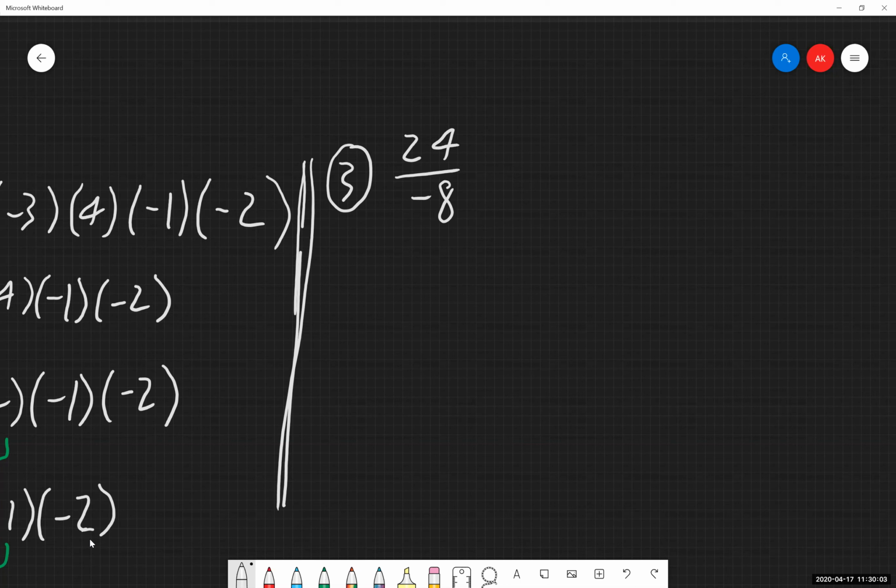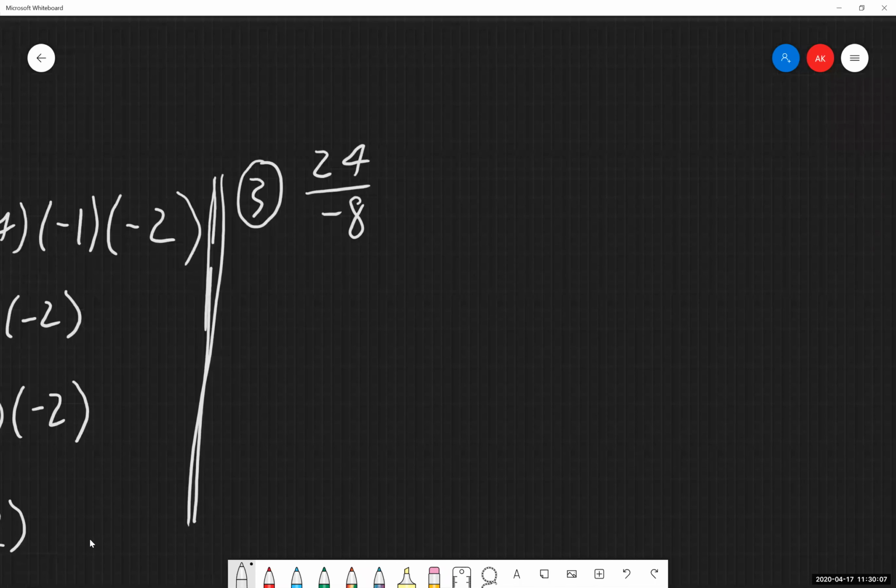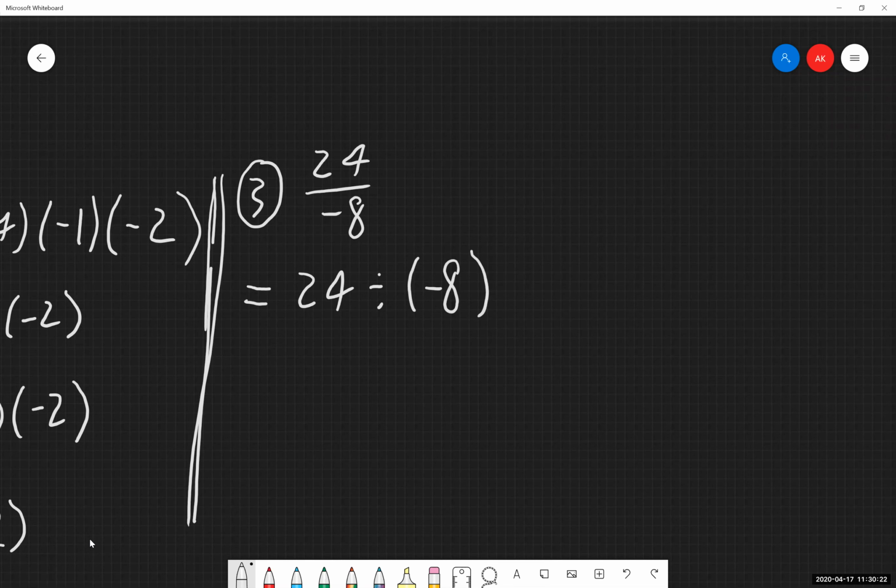So again, this is written out as a fraction, but it is implied that we do have 24 being divided by 8. So if you want to, you could rewrite this for yourself as 24 divided by negative 8. I'm just going to make a note of this here. This is optional.